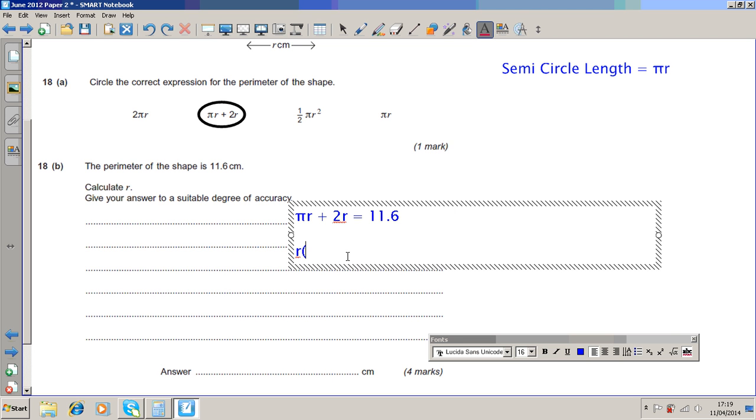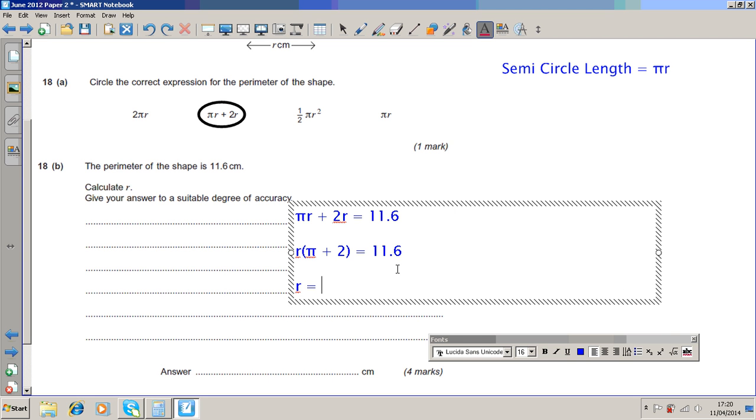So I can factorise this by taking an r out of them. Okay, so then that's pi r and that's 2r is 11.6. So now I can get my r by doing 11.6 divided by pi plus 2. Because if I divide by this, then I'm going to be left with just the r.